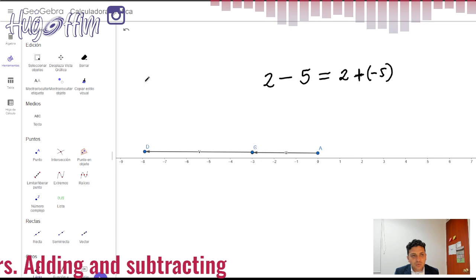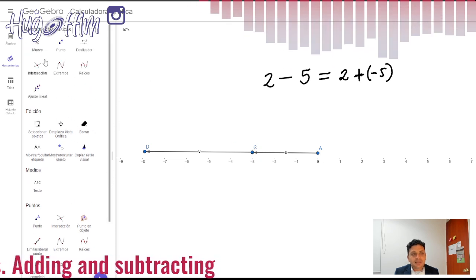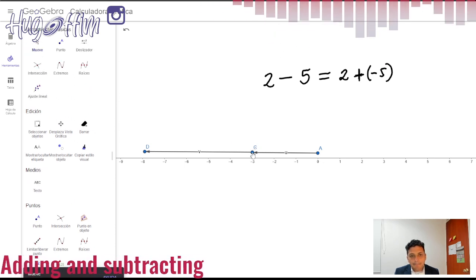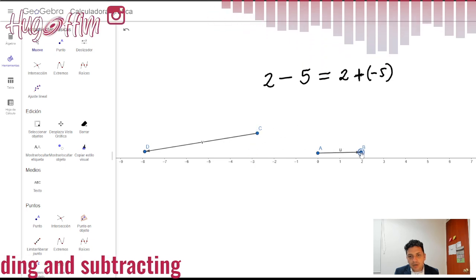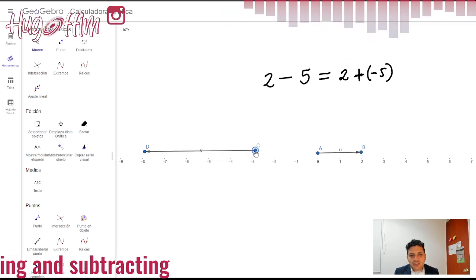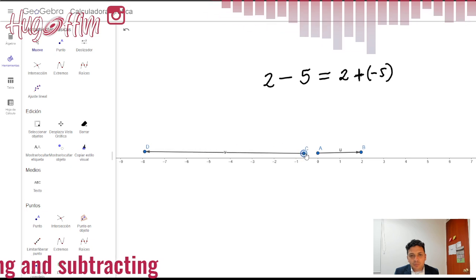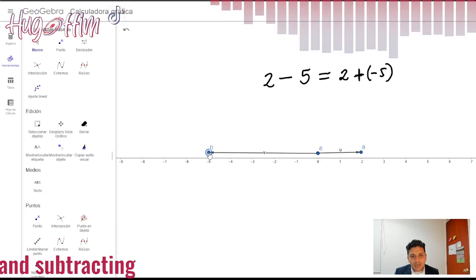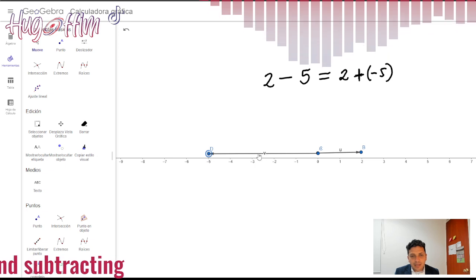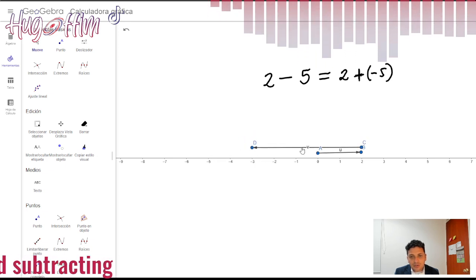If I do it in this way, I can see that +2, and right next to +2, I'm going to put -5. So I'm going to draw here my arrow, -5, and now I'm going to put my arrow right next to 2.